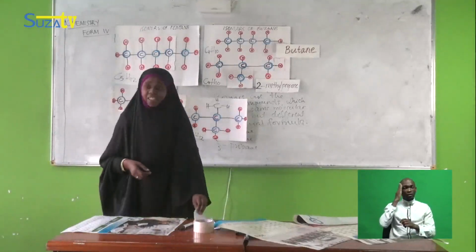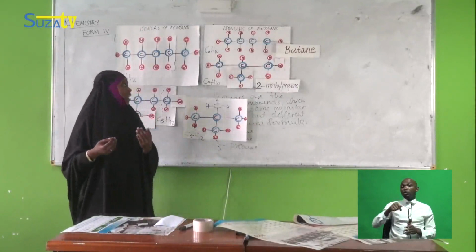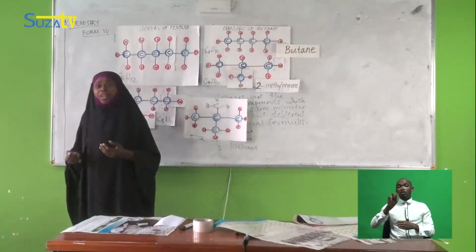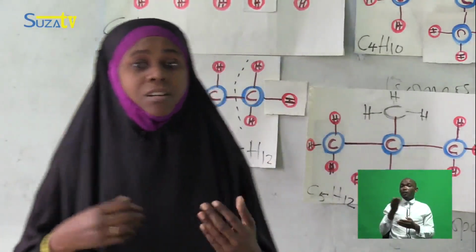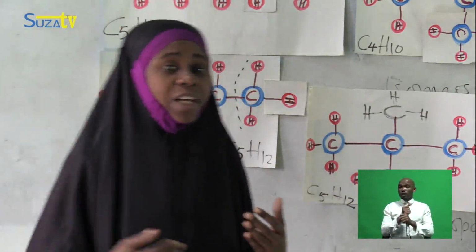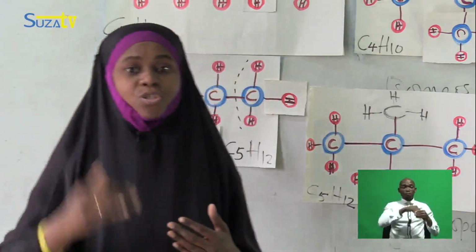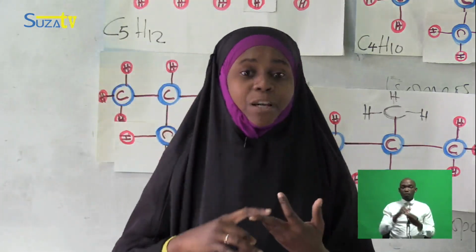Thank you very much, my dear students. You have understood well. So today we have learned about isomerism in alkanes, in which we have said that it is impossible to get isomers for the first 3 members of this group, that is methane, ethane, and propane.